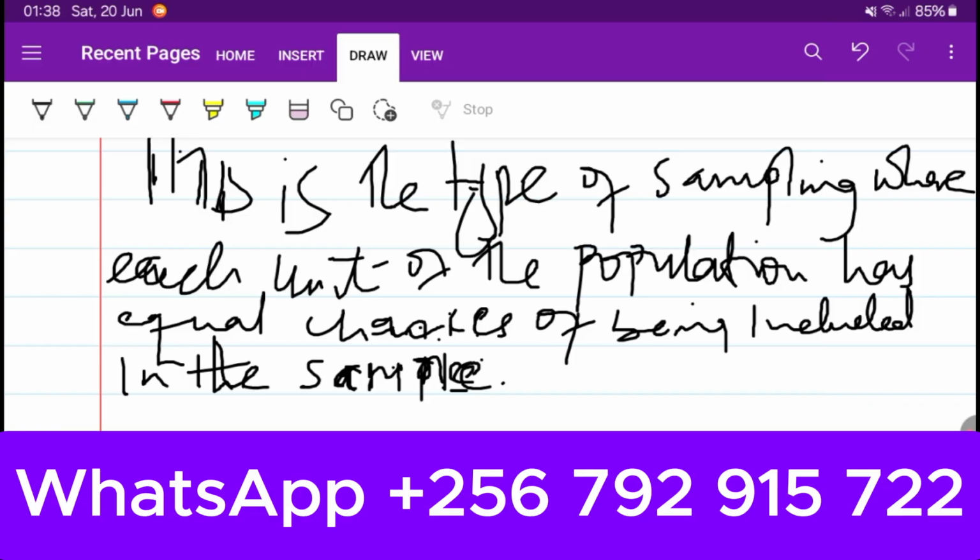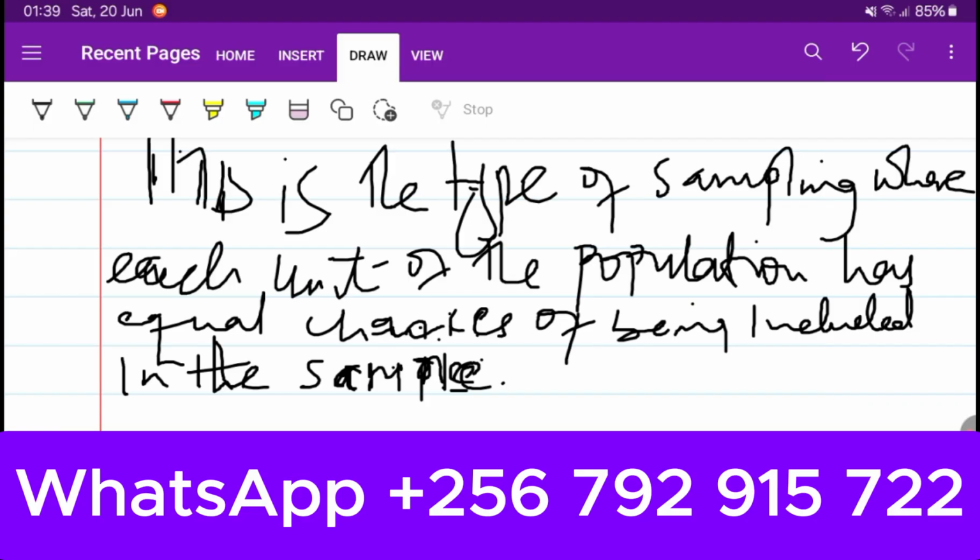But the bottom line for all the techniques that fall under probability sampling is that each item of the population gets equal chances of being selected. What changes for each of these methods is how they select the items from the population. But each member of the population will be given equal chances to be selected. I hope you are getting the whole idea.